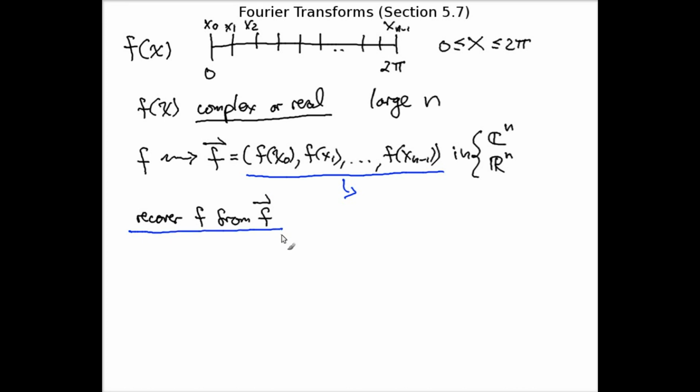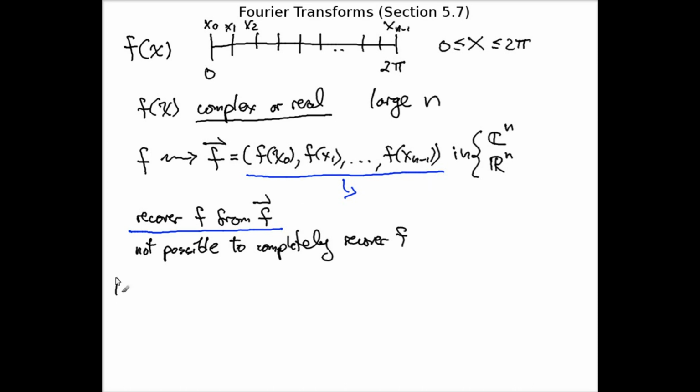That's basically the idea. And, well, f is a function, and I've only stored a finite number of values of it, so I obviously can't completely recover f from this. It's not possible to completely recover f, of course, because if two functions might not be equal, but if they're equal at these points, then they'll have the same vectors.